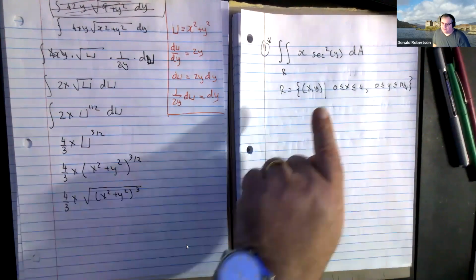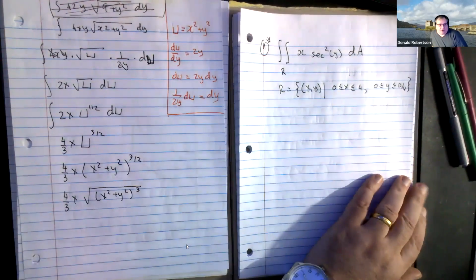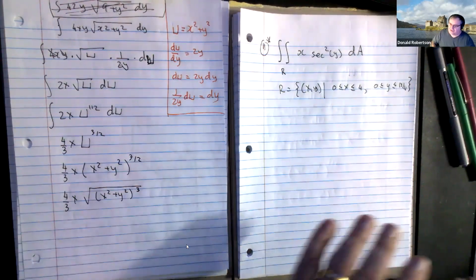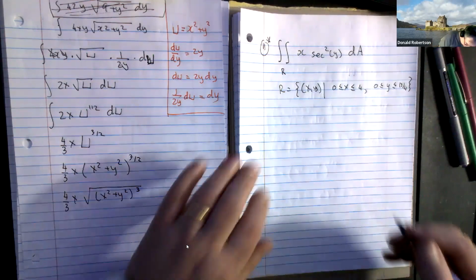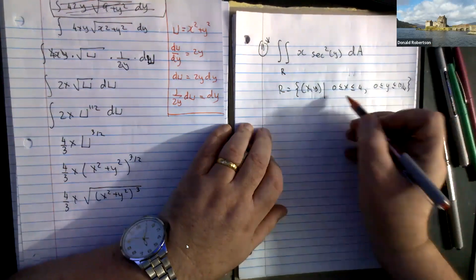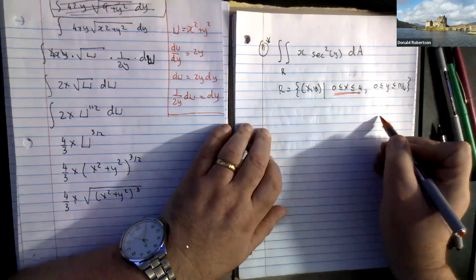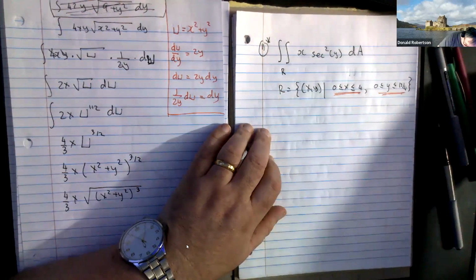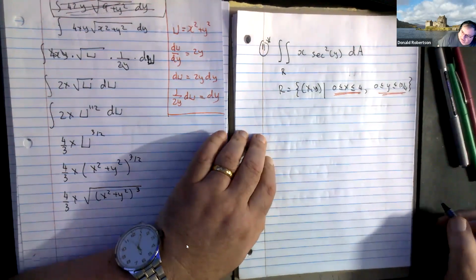Right, this double integral needs to be set up with dx's and dy's and with limits of integration. And I think it's pretty obvious that the x's go from 0 to 4 and the y's go from 0 to pi upon 4. Agreed?